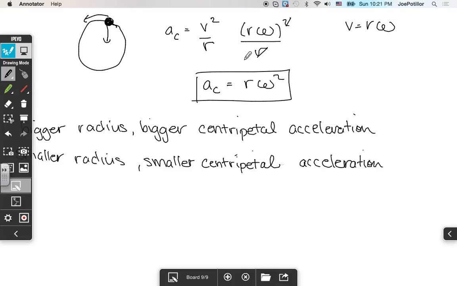So that's a little bit about that, and of course you can see the example in your book about that particular point. And the last point I want to talk about before I conclude this lecture is, quickly, the causes of circular motion.